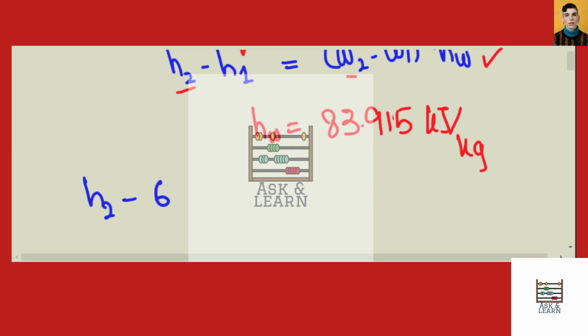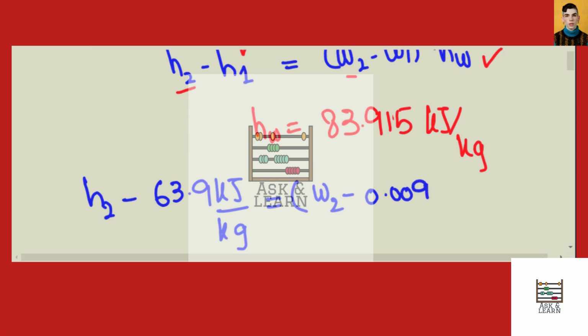So we have h2 minus 63.9 kilojoules per kilogram equal to parenthesis omega 2, which remains the same because we are required to find out its value, and then we have negative the value of omega 1, which is equal to 0.0092, right? And that is multiplied with the enthalpy of water that is equal to 83.915 kilojoules per kilogram, right?